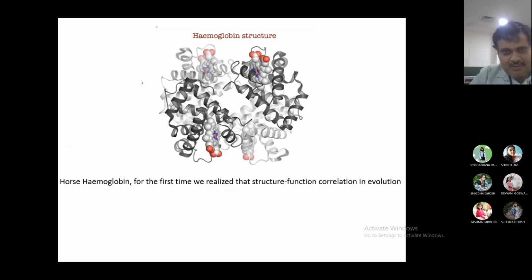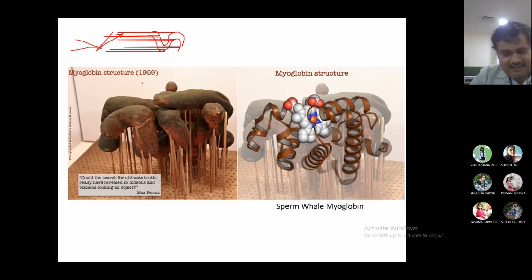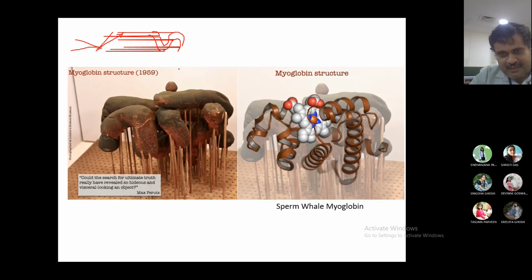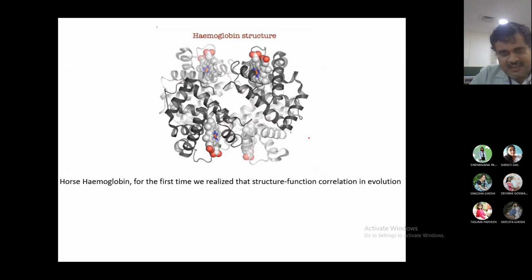So the good thing about this discovery is that when a few years later the horse hemoglobin structure was solved, it was found that the myoglobin structure fits very well in either of the four hemoglobin structures.